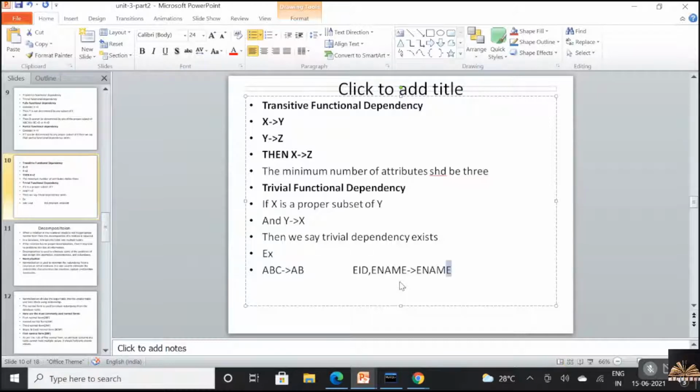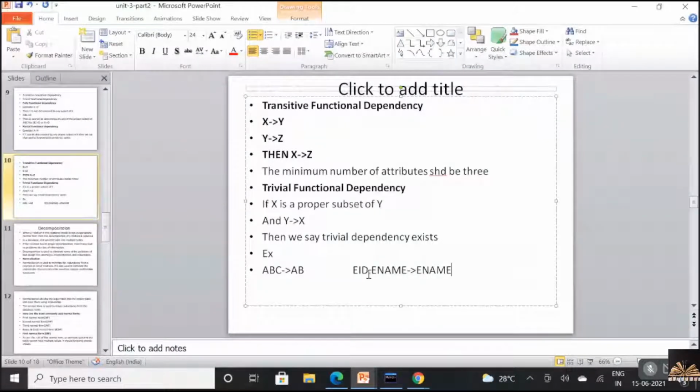If a functional dependency like this exists, EID, ename implies ename, then I say that trivial functional dependency exists, because the RHS of the symbol is part of the LHS of the symbol. So the RHS should be a subset of the LHS. Then only trivial functional dependency exists.